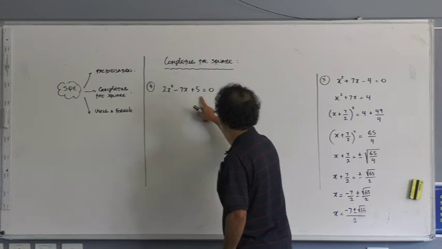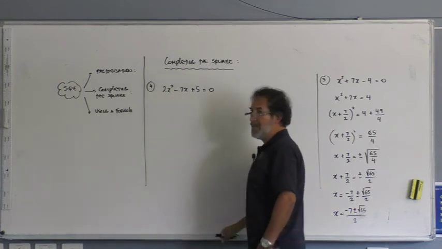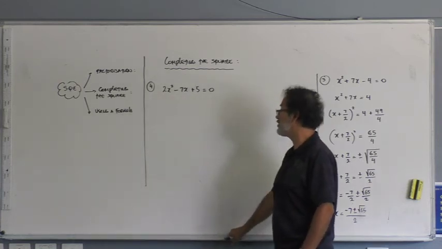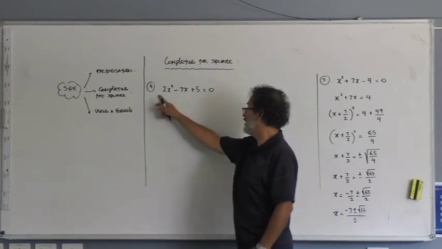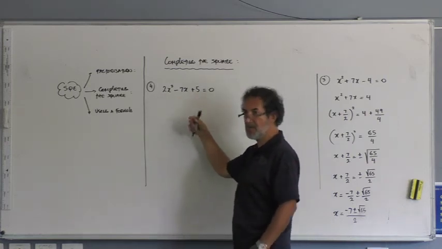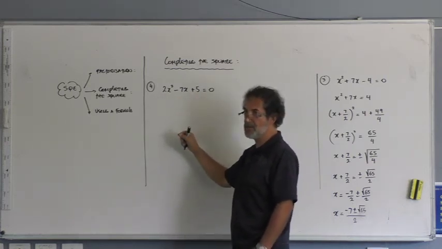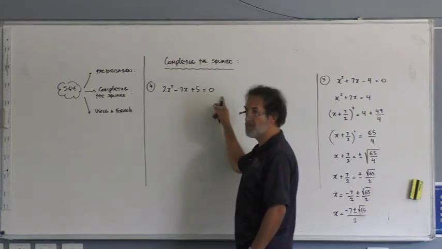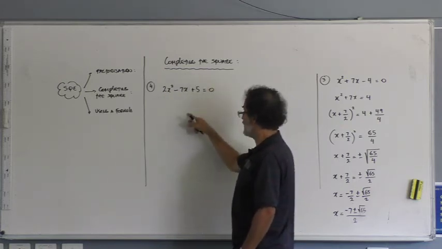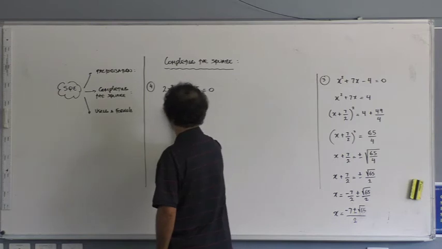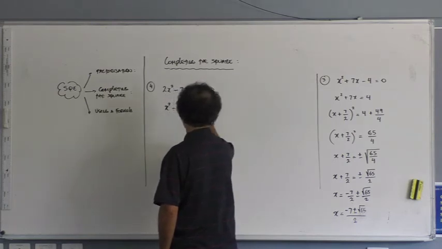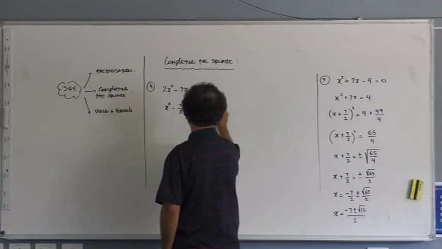So if you have a situation like this, step number 1, you are going to divide everything by 2. Are you going to create a monic? How do you create that monic? We're going to divide everything by 2. So that means that the next line should be x squared minus 7 on 2x plus 5 on 2 equal to 0.